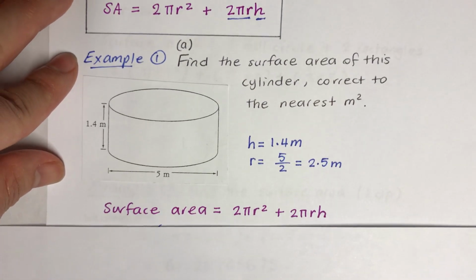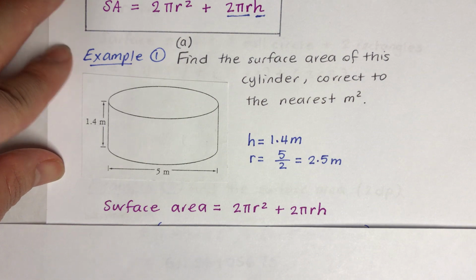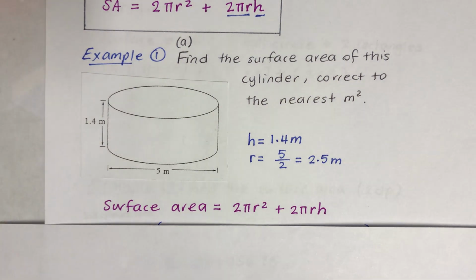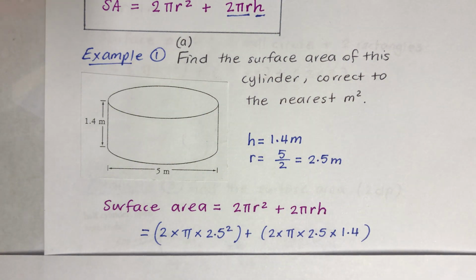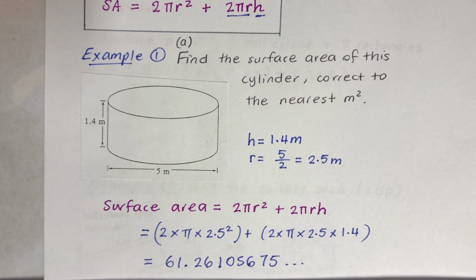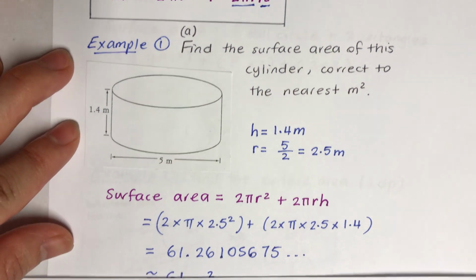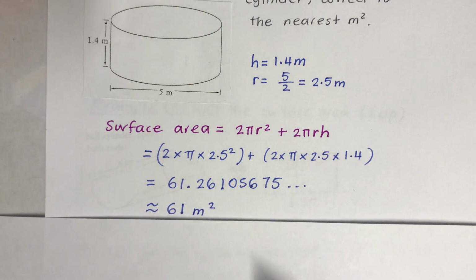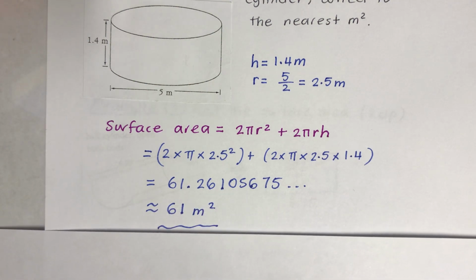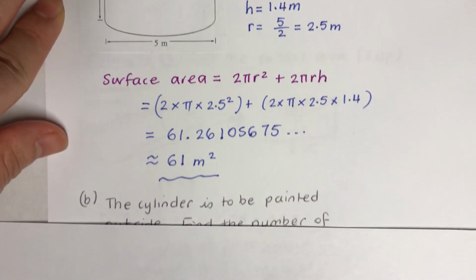Okay, so I think I'm ready to find the surface area. Surface area will be 2 pi r squared plus 2 pi r h. And if I put all that in and calculate, I will get 61.261 and so on. If I want to do that to the nearest meter squared, 61 meters squared. Okay, that's not too bad.